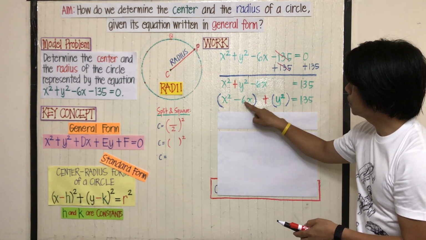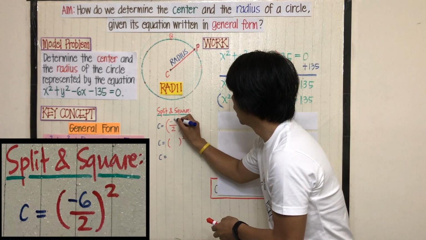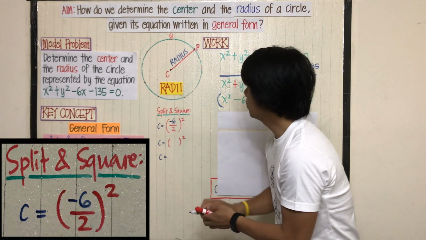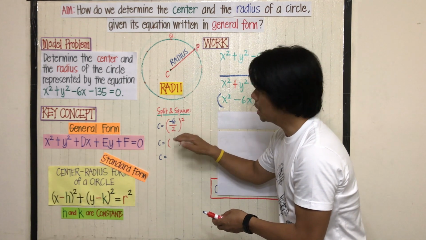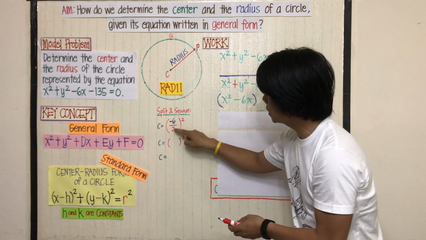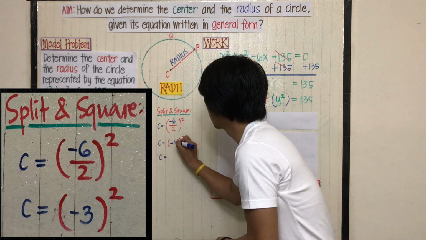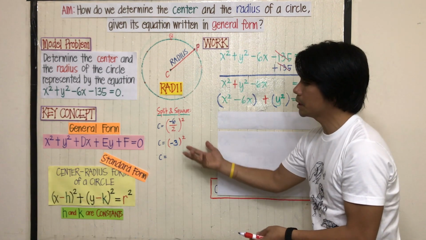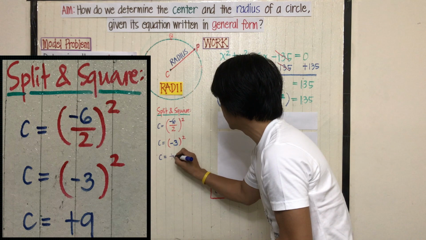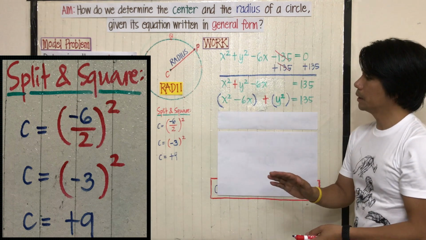We are going to take that negative 6 right here. Remember, it's split and square. What do we do with the negative 6? You split, meaning you divide it by 2. Negative 6 divided by 2 is negative 3. And then you square it. Negative 3 times itself is positive 9. All right. That's step 3.